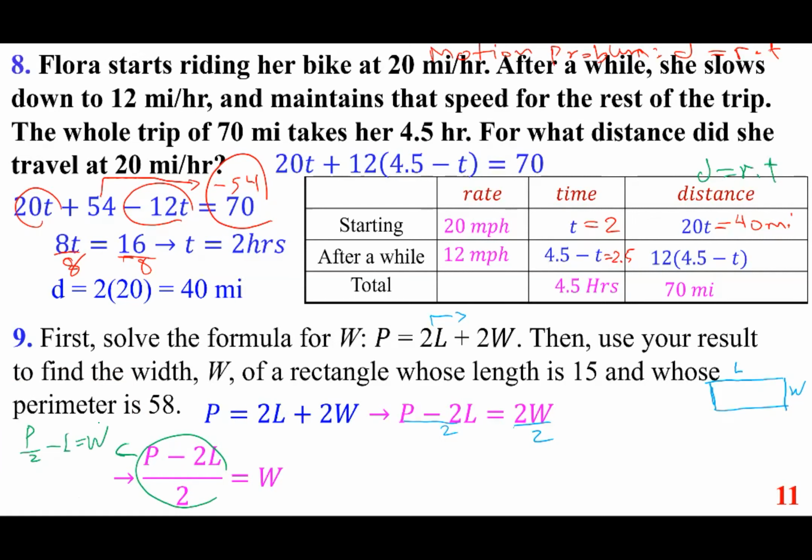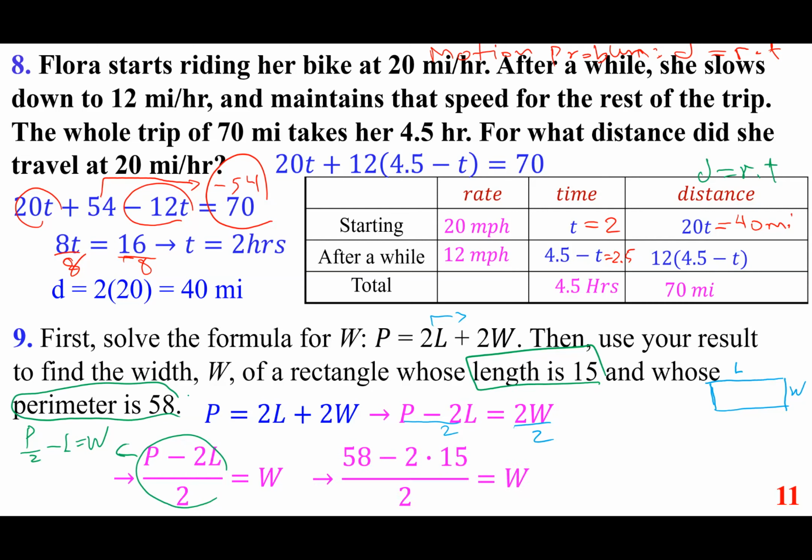And now we are going to replace the length with 15 and the perimeter with 58. P is 58. L is 15. And so 2 times 15 makes it 30. 58 minus 30 is 28.